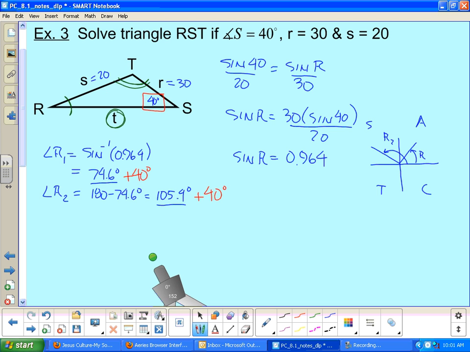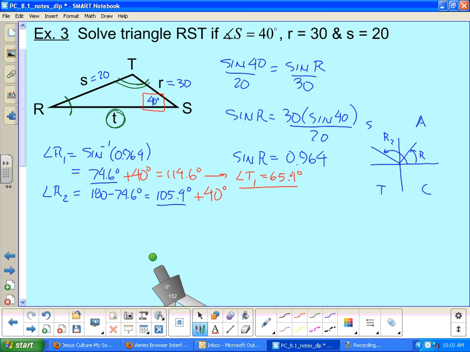So 74.6 plus 40, that makes 114.6. Which means I will have an angle T1. What would angle T1 be? Exactly, whatever makes it 180, which is going to be 65.4 degrees.